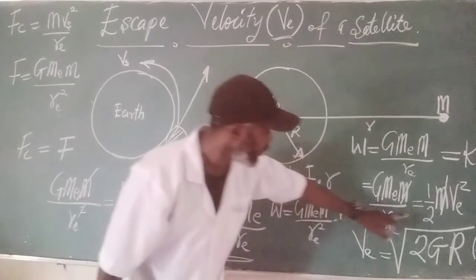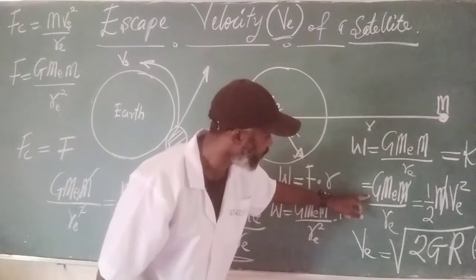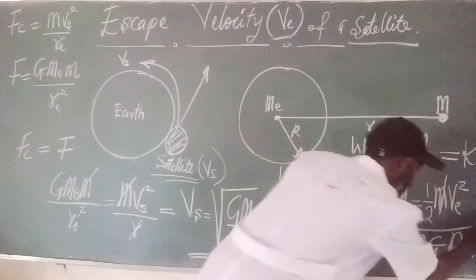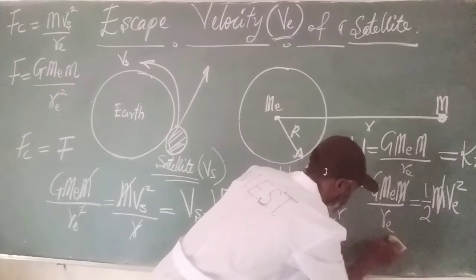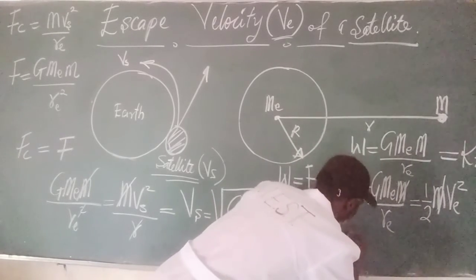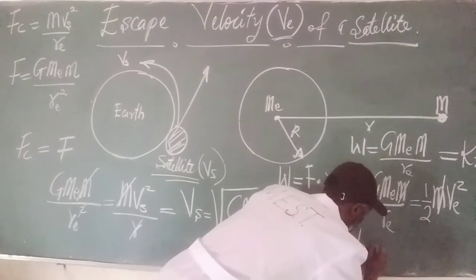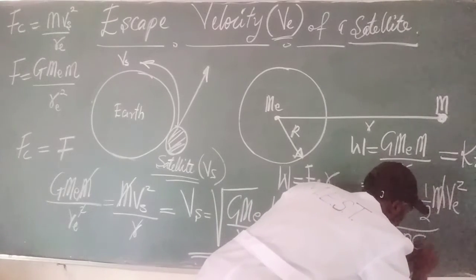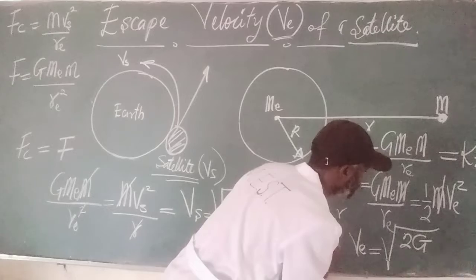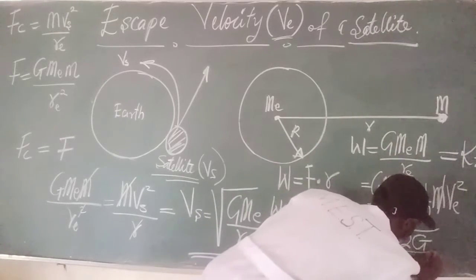Let's check something: the 2 comes to this point, and the next step is going to address this. So we are going to have Ve equal to the square root of 2G Me over R.